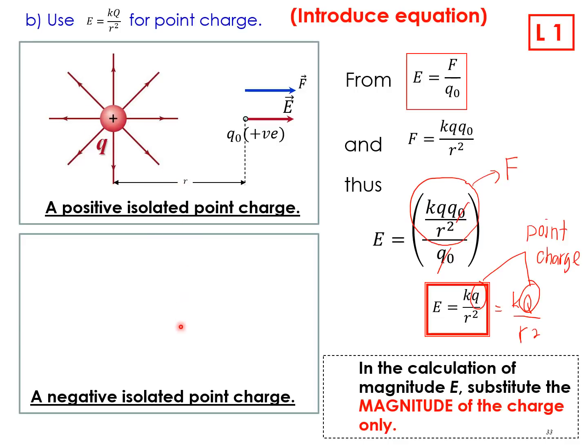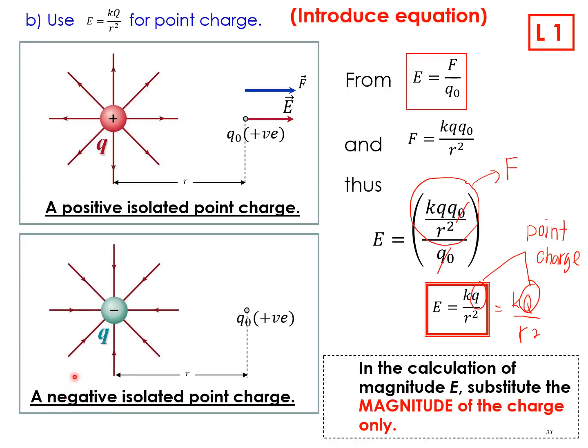Now let's see what happens if the point charge is negative. The electric field represented by the electric field lines is directed inward.